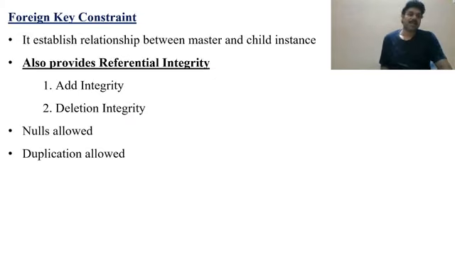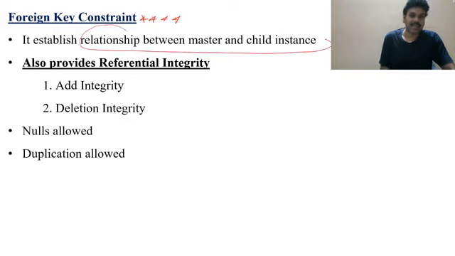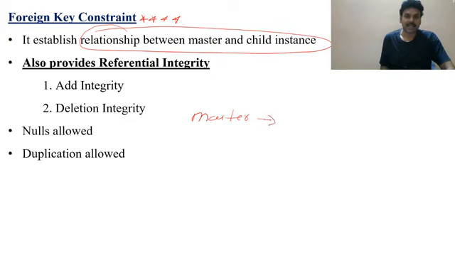Now let us learn about a very important constraint, that is foreign key. Foreign key is nothing but establishing a relationship between master and child instance. So you may get a doubt here, what is a master? A master is nothing but a primary key column, also called a unique key column.